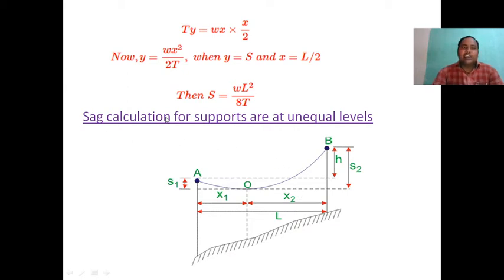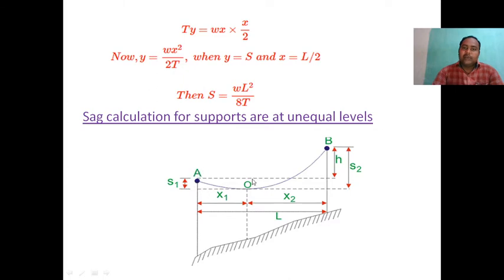Second one: sag calculation for supports at unequal levels. In the before case, we maintained supports at equal levels, so the point O was located in the middle of the conductor. But whenever the supports are at unequal levels, point O is definitely not in the middle of the conductor. It is located nearer to one support.